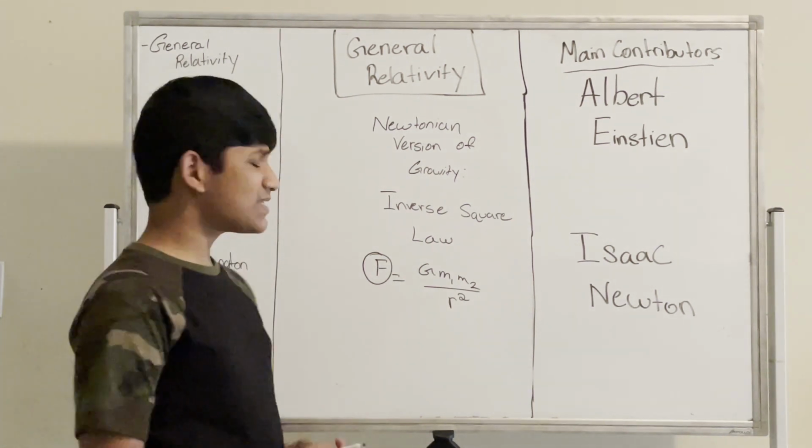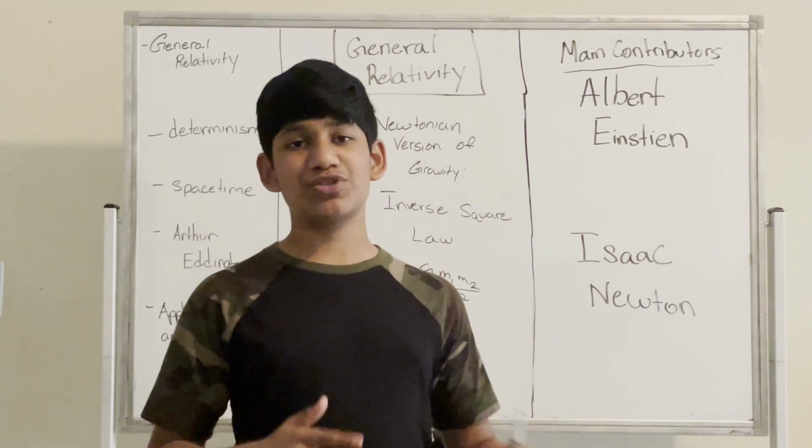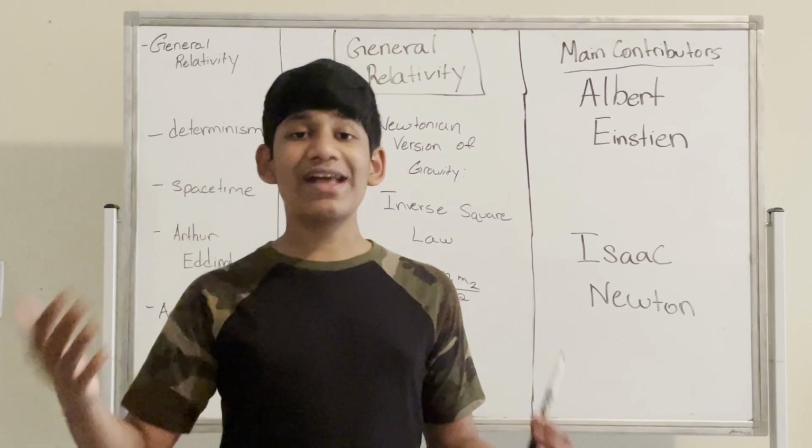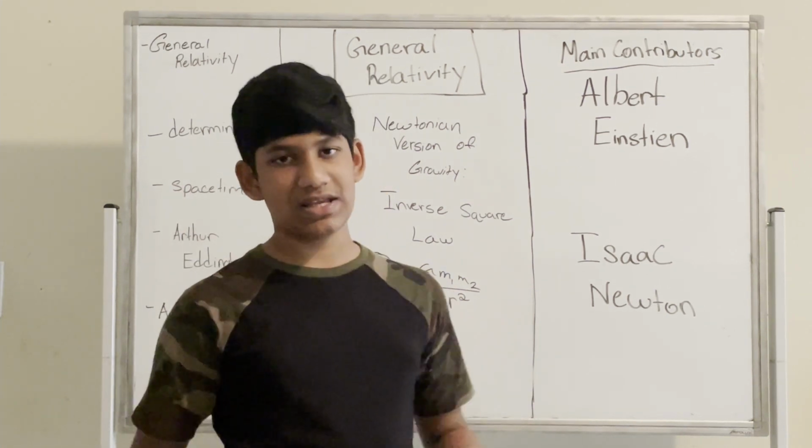So we think of gravity as a force, but in reality, gravity is not a force. This is the main difference between the Newtonian version of gravity and Einstein's theory of relativity. Einstein specifically denied the fact that gravity is a force.